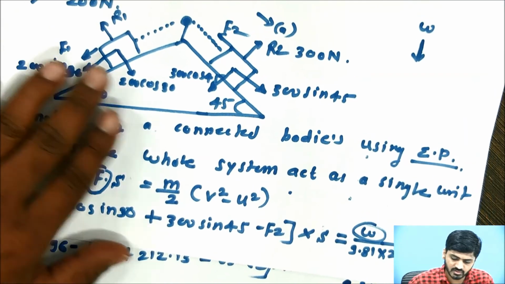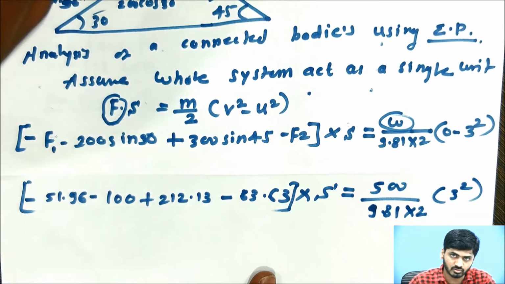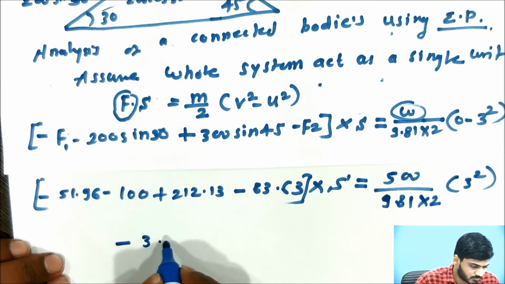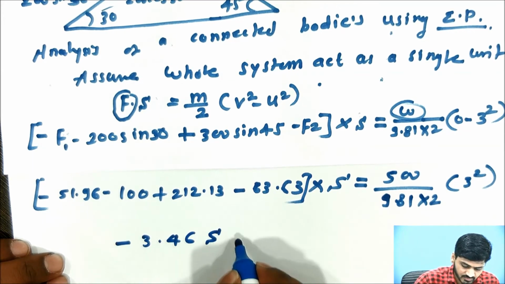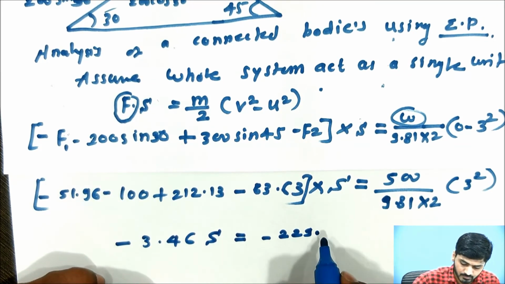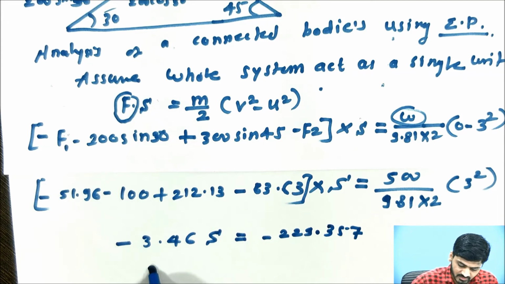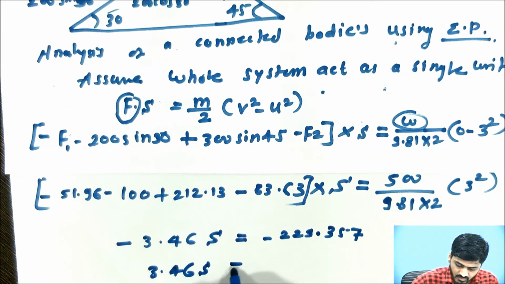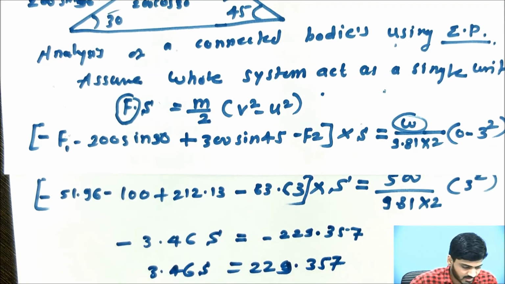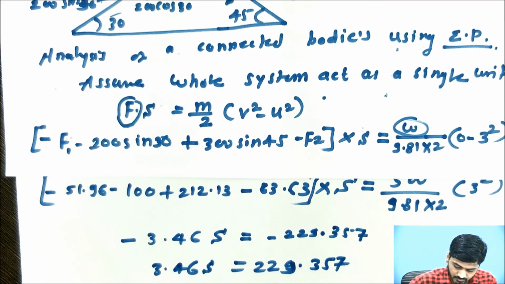So when we solve this bracket, you'll get the answer. Minus 3.46 S is equal to minus 229.357. So minus minus gets cancelled. 3.46 S is equal to 229.357. So S is equal to 66.28 meter.